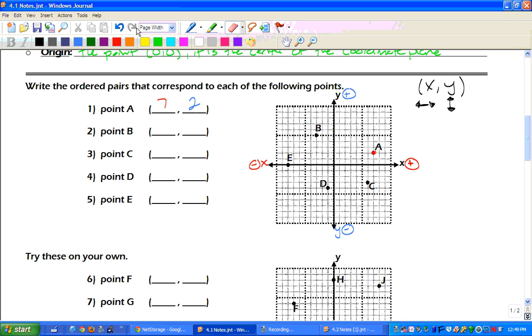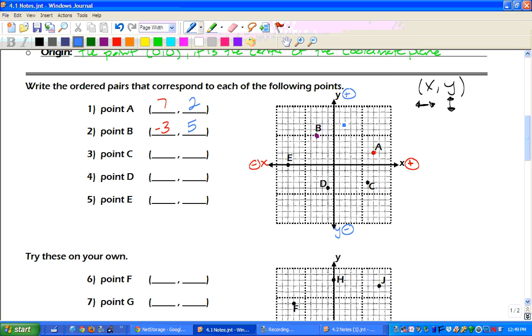All right, let's do the same thing with B. B is over here. Now we have to go to the left. So we're going 1, 2, 3 to the left, and that's a -3. And how many up? 1, 2, 3, 4, 5. And that's +5 up, okay? You guys starting to get a hang of this?